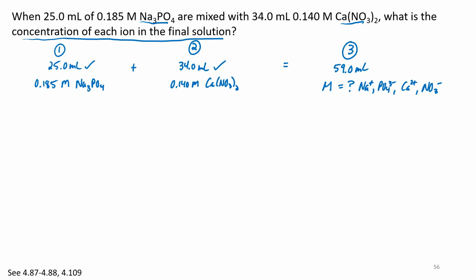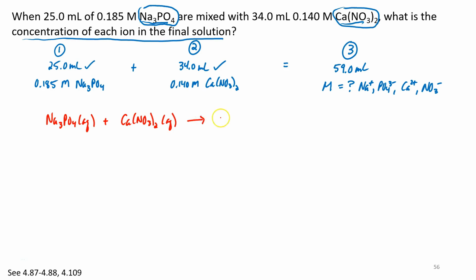The first thing we ought to do is see if a reaction occurs between our two salts, the sodium phosphate and the calcium nitrate. So sodium phosphate is aqueous. It is reacting with calcium nitrate. That's also aqueous.